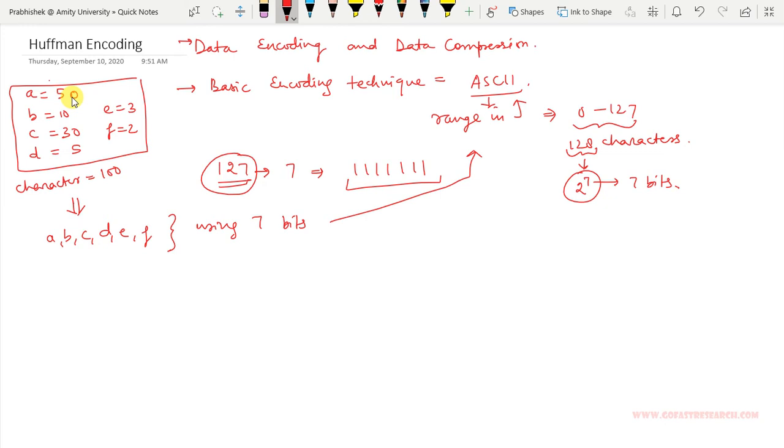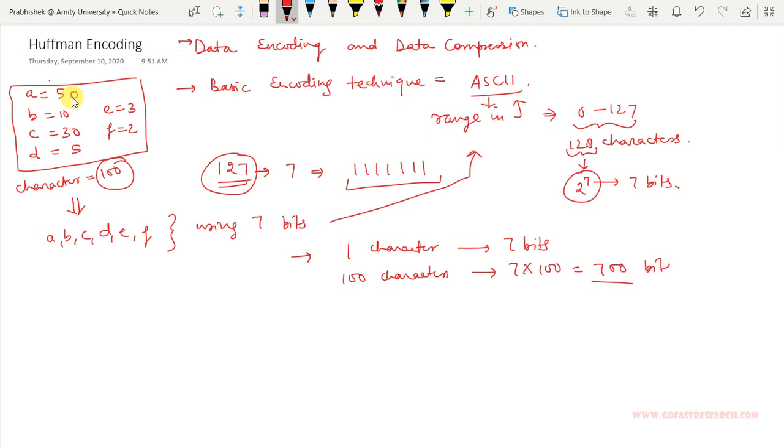We can see that in ASCII encoding, one character is represented using 7 bits. So in our message there are how many characters? There are 100 characters. So how many bits? 7 into 100, which is equal to 700.